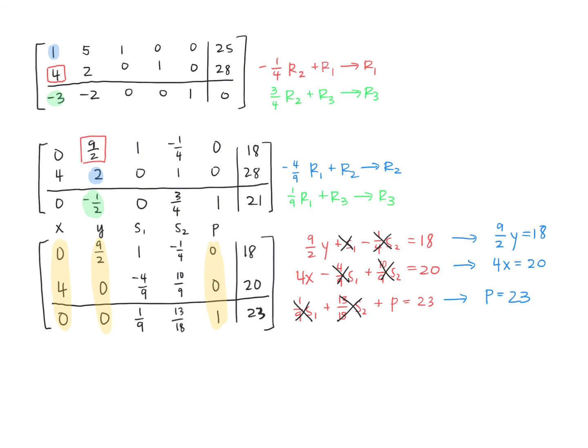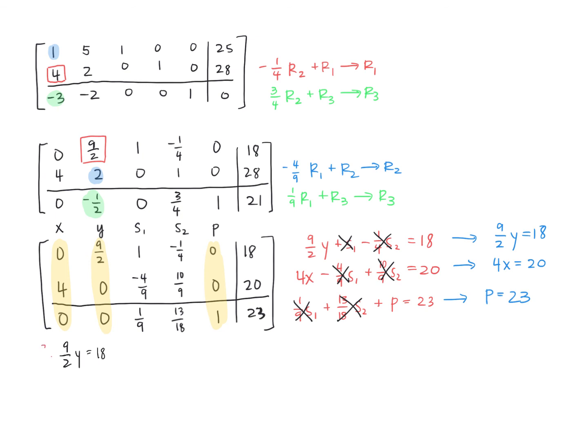Originally, we were asked to maximize p equals 3x plus 2y. So this is it. Maximized, the maximum occurs at p equals 23. We can find the x and the y values where that happens by solving the equations that we just found there. So 9/2 y is equal to 18.